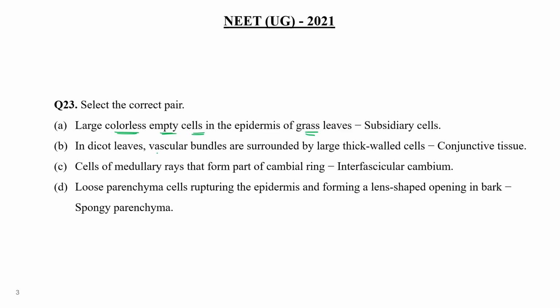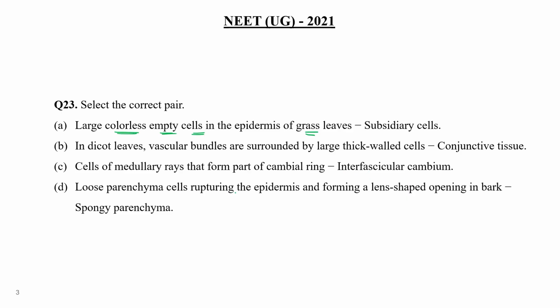In dicot leaf, vascular bundles are surrounded by large thick walled cells. These are pericycle, not conjunctive tissue. Cells of medullary ray that form part of cambium ring are known as interfascicular cambium.